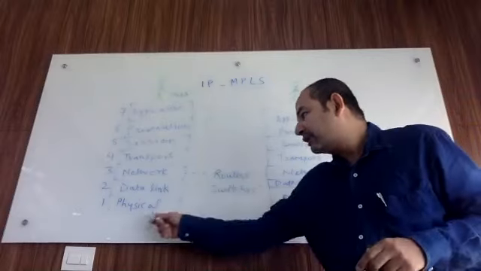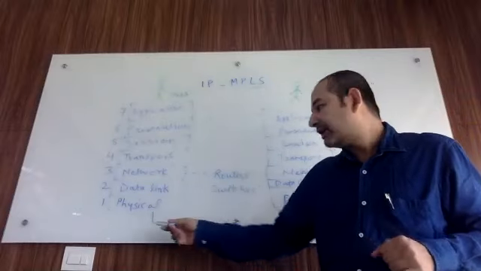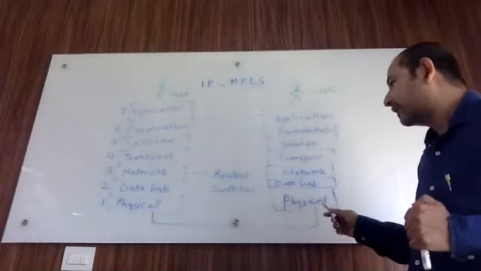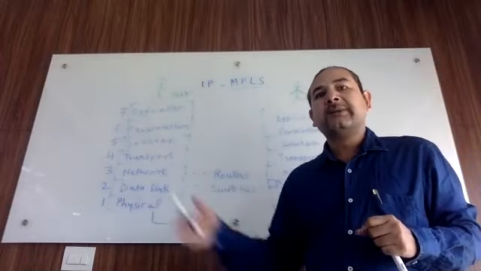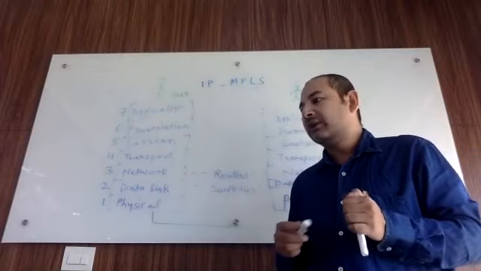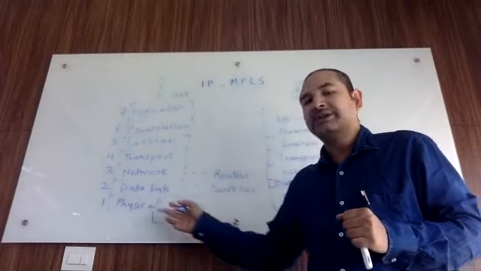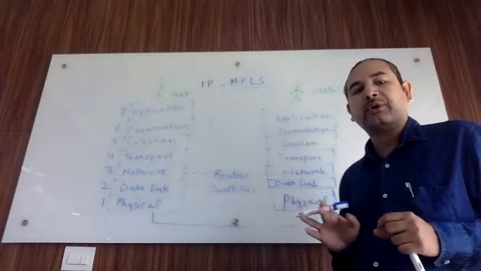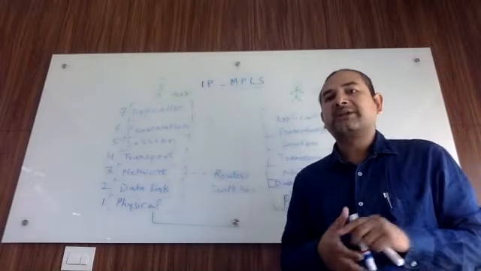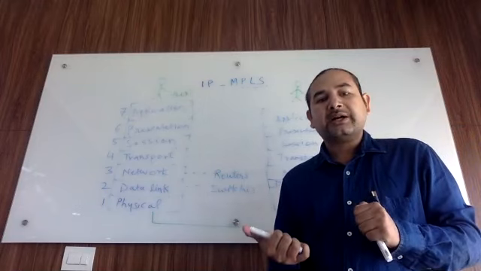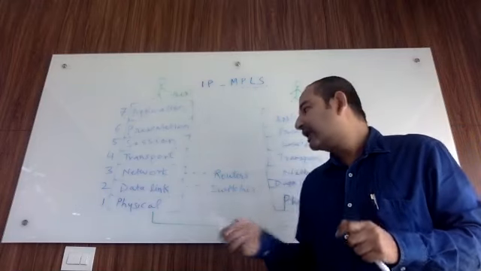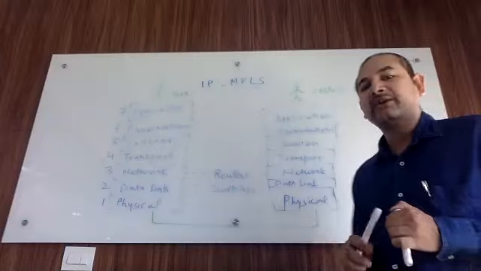An RJ45 connection on Ethernet comes under the physical layer. It is very simple: two things are connected and there is communication between two interfaces, so we can check very easily whether the physical layer is up or down. We have various cable testers and fiber analyzers to figure out whether the physical media is fine or not.